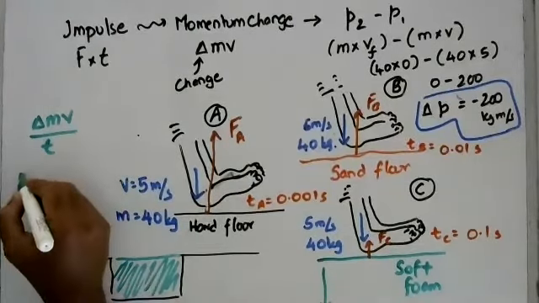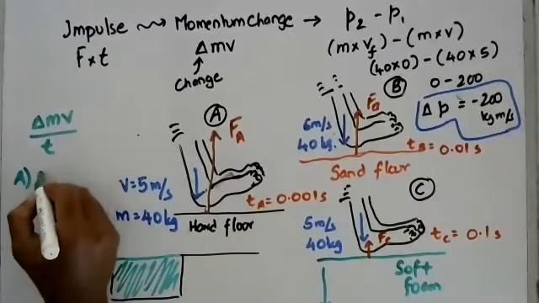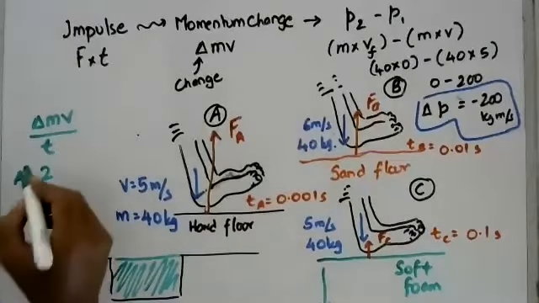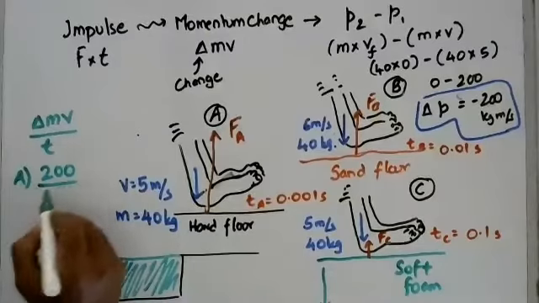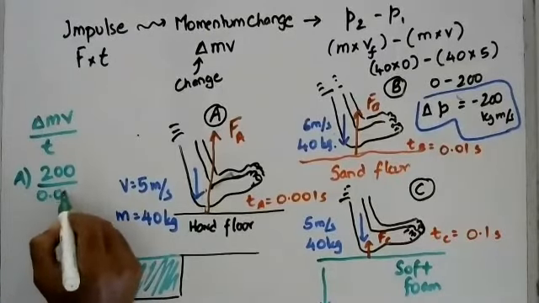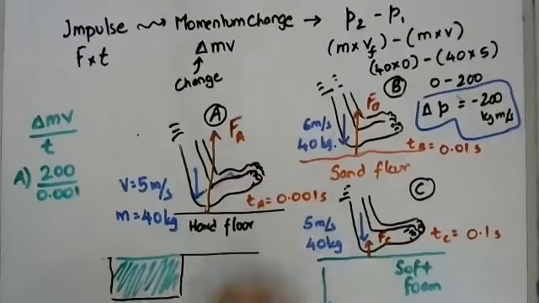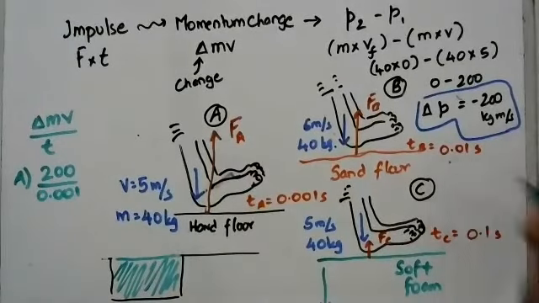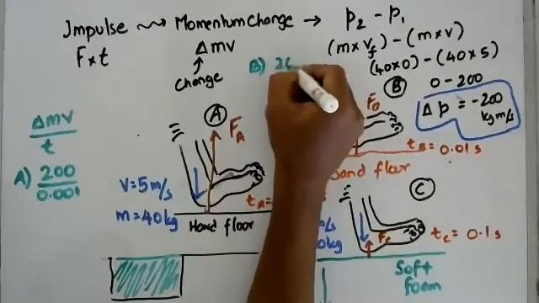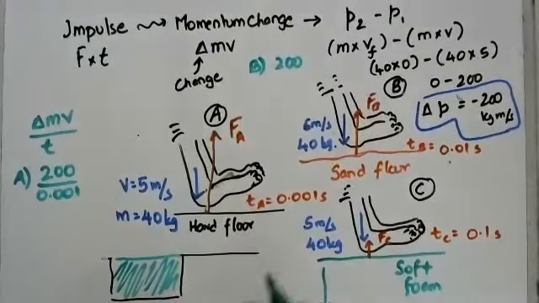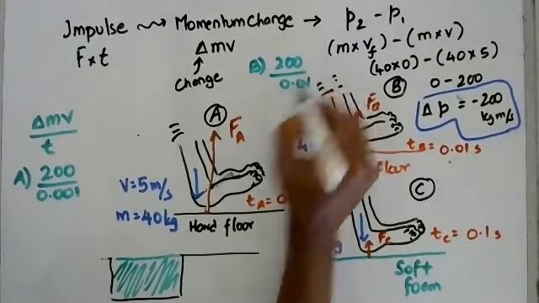So I look at situation A, and in situation A, the rate of change of momentum is, for the purpose of calculation, leaving out the minus sign that we got there, 200 divided by 0.001 seconds. For situation B, it will be the same 200, because the momentum change is the same in all three cases, divided by 0.01.